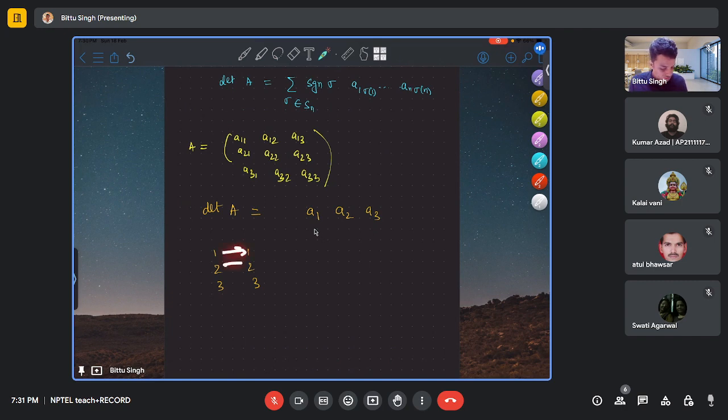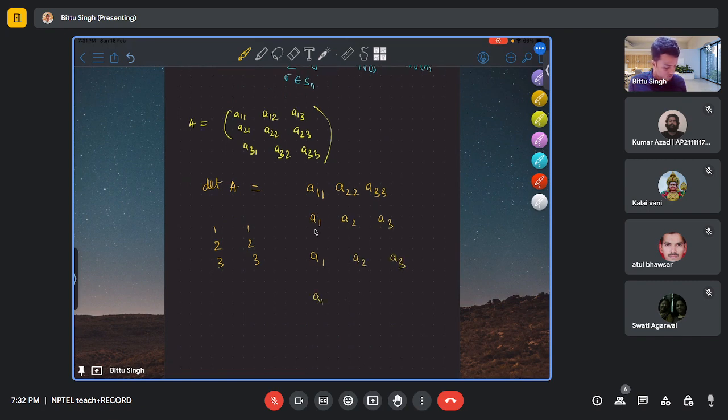One way is send 1 to 1, 2 to 2, 3 to 3. And there are other possibilities also. So there are 6 ways.